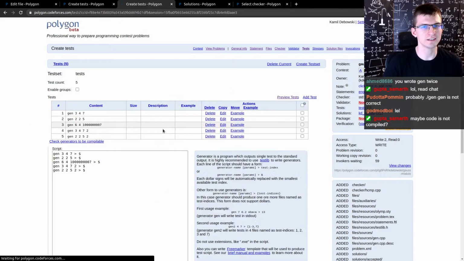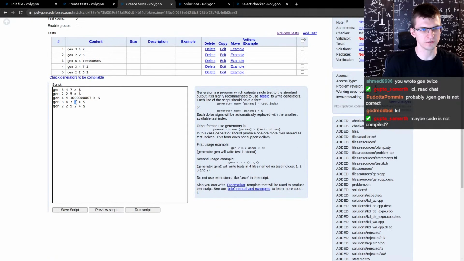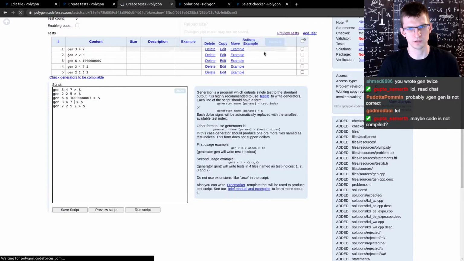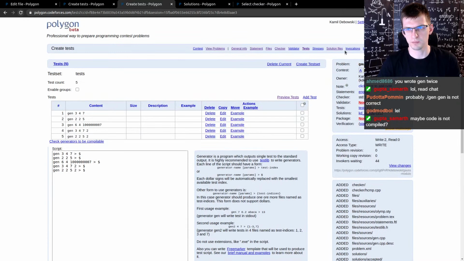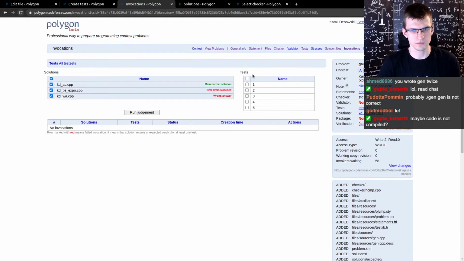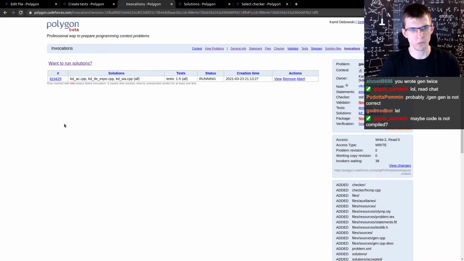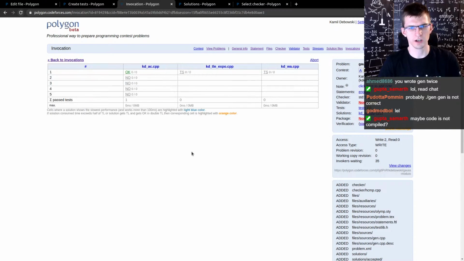You can add in testlib any kind of string here, and everything here together is taken as a seed, or maybe even along with a name. I don't remember. I don't want to save this. Right, but I can run invocation to see how my programs do.